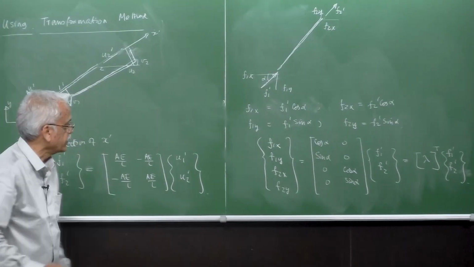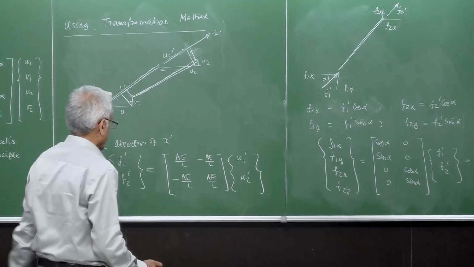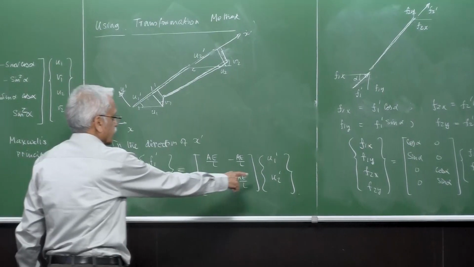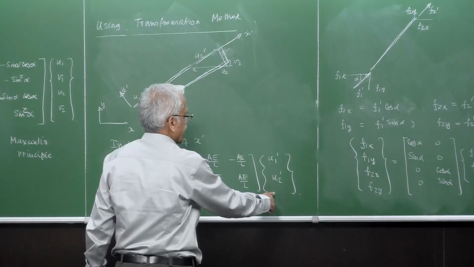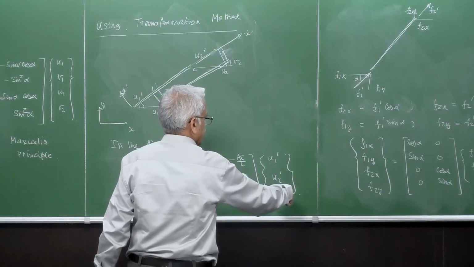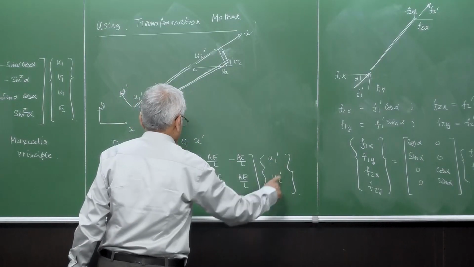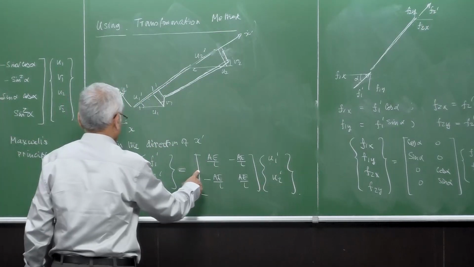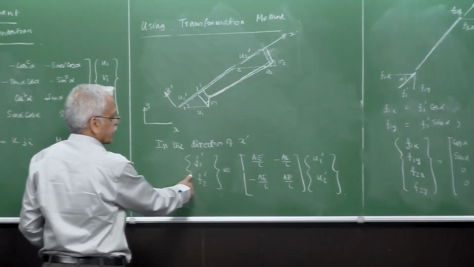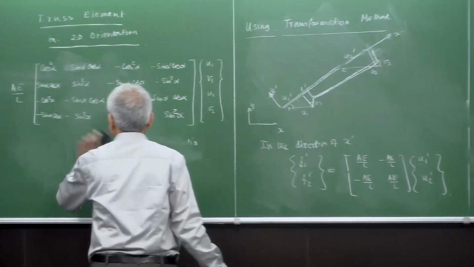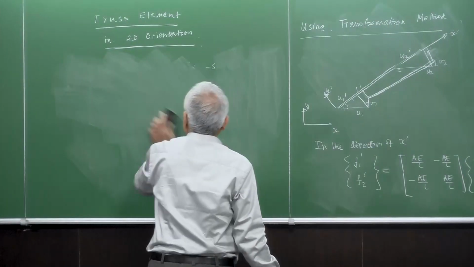And now let's combine everything. The u1 prime, u2 prime we will replace by the complete four component displacements, and we pre-multiply with this one so that we get the complete transformation.